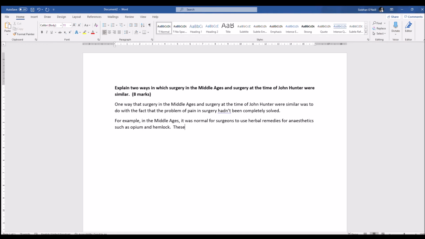These herbal anaesthetics were also used at the time of John Hunter, as was alcohol.